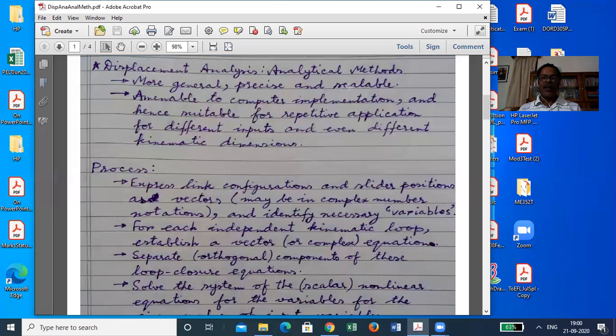But the analytical methods are scalable with better ease. And the second, more important point is that analytical methods are amenable to computer implementation.